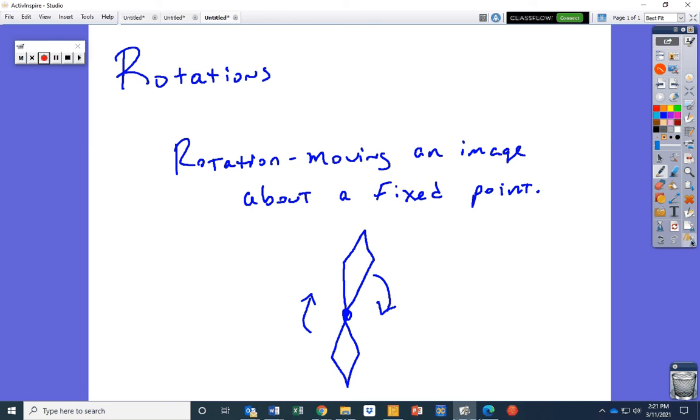Does everybody have this written down? I have 2 types of rotations we're going to do. We're going to do a rotation about the origin. The rotation about the origin is pretty easy because I have some rules.